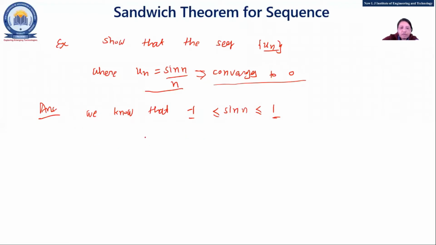So we can write minus 1 by n less than or equal to sin n by n less than or equal to 1 upon n.